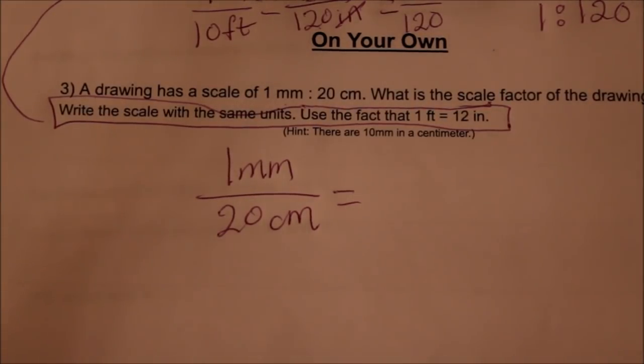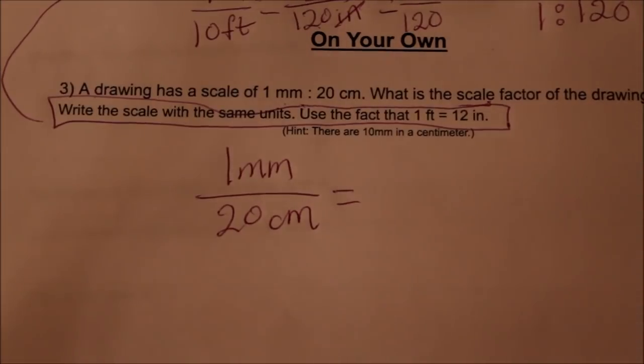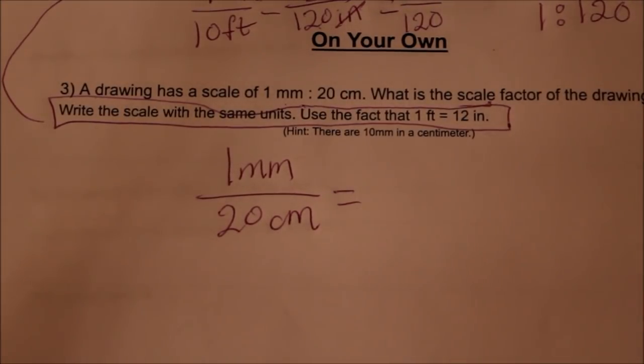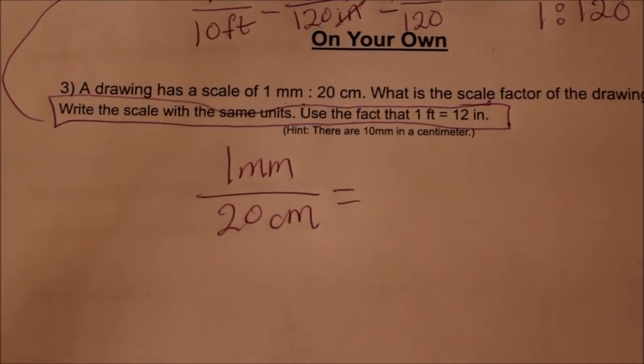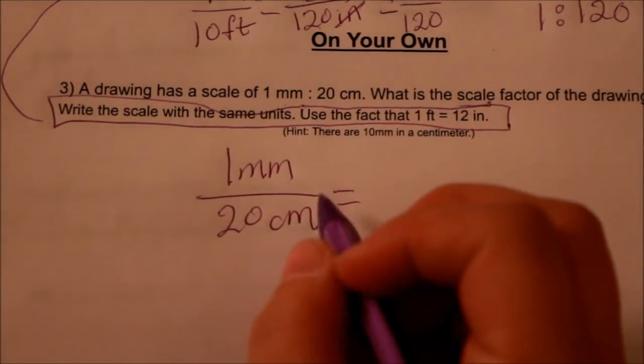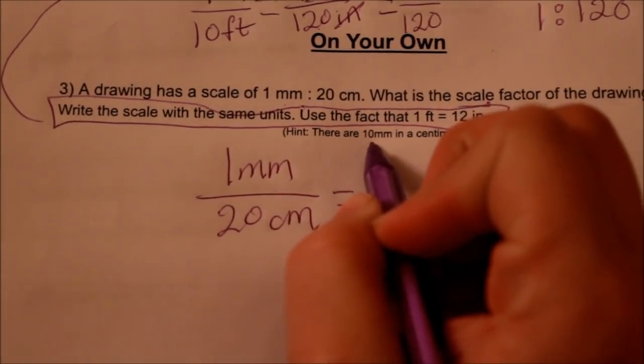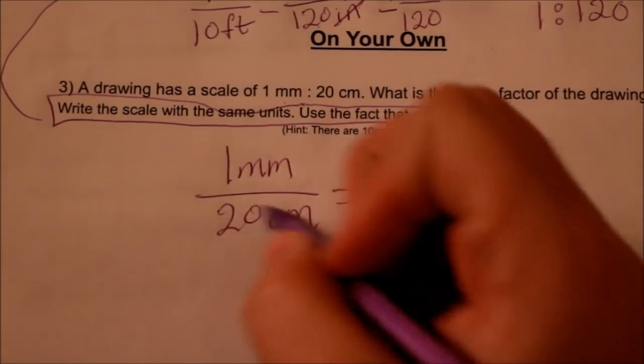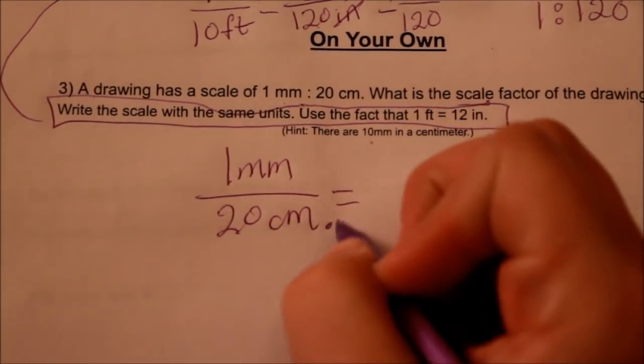I'm sorry guys, I am struggling with talking through my words. So if we have 1 millimeter to 20 centimeters, we know that there are 10 millimeters in a centimeter. We are going to multiply this by 10.